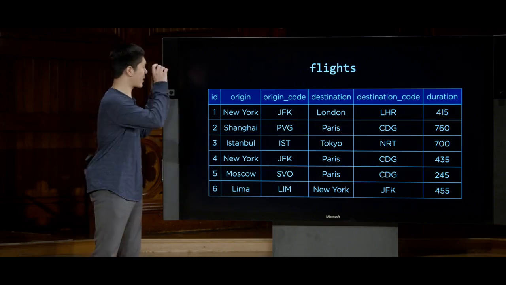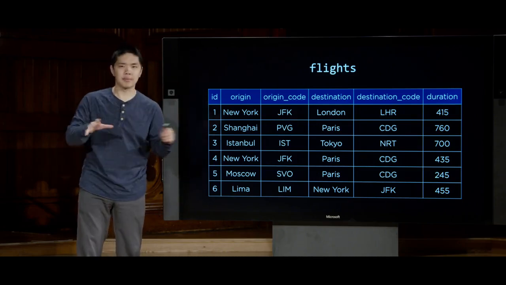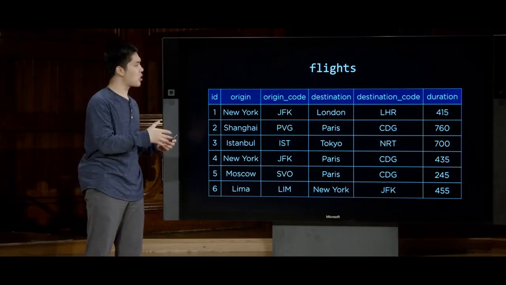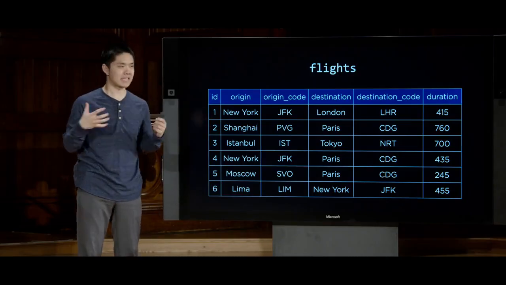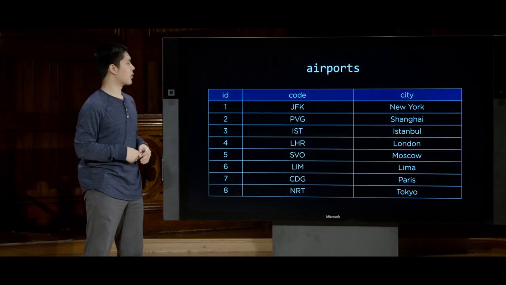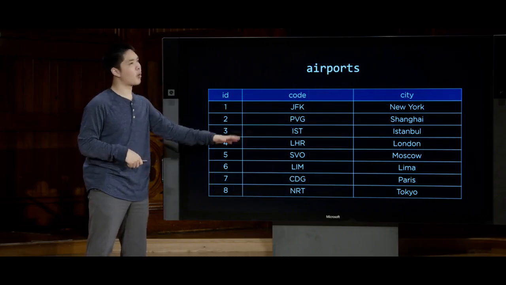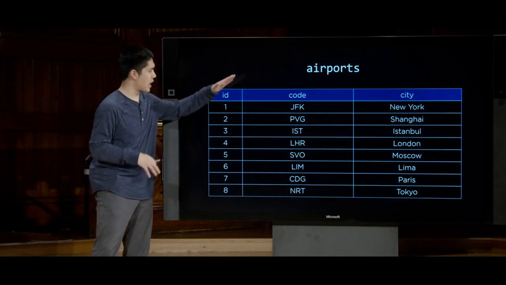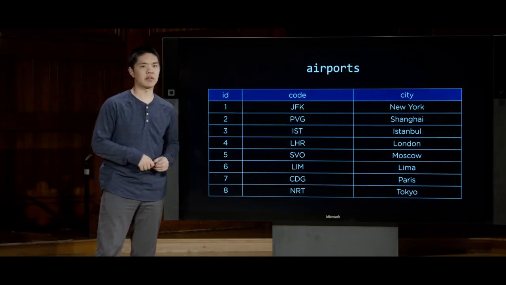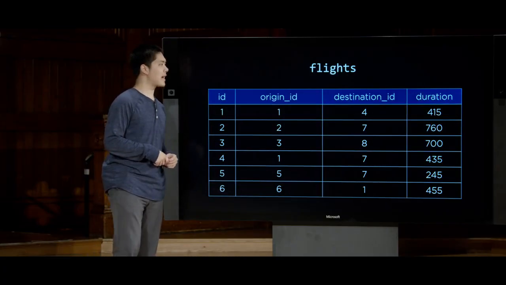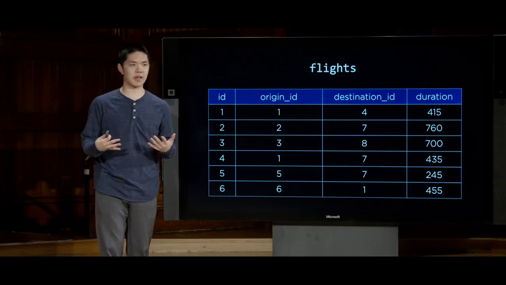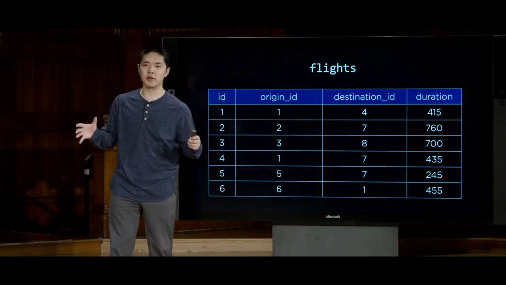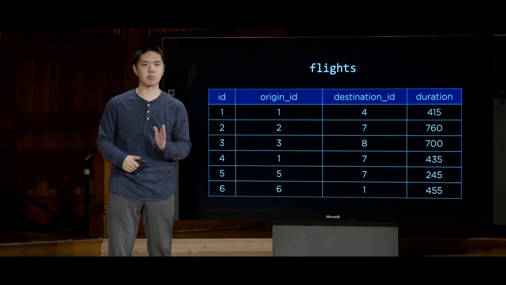And we decided that storing all of this data in a single table probably wasn't the best idea, and instead we wanted to split that data up in a type of partitioning. So we said, all right, let's just have one table that will have all of the airports. And so each airport gets its own row inside of this airports table. And we also had another table, which was just the flights table, which rather than storing all of those columns, just mapped two airports to each other.